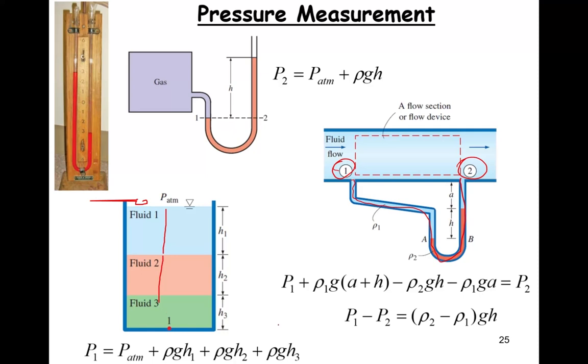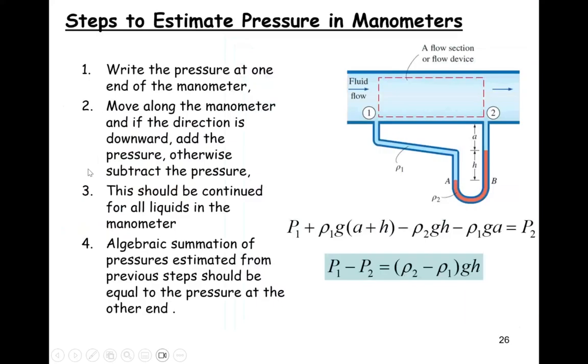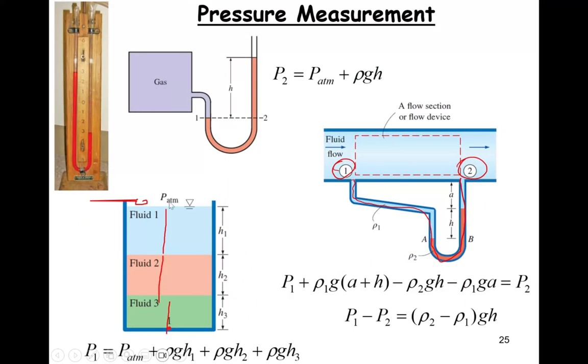That's how this pressure is estimated: P atmospheric, due to atmospheric pressure here, then due to this column of fluid 1, and column of fluid 2. This is how they add up and we can estimate it.